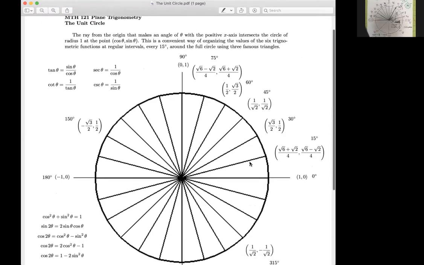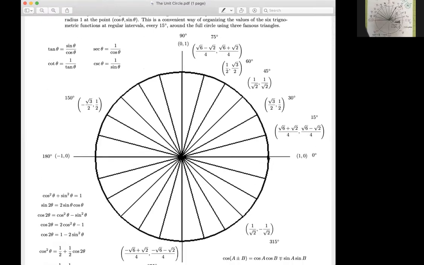If I pretend that I'm on a circle of radius 1, so over here on the positive x-axis, this is 1, 0.